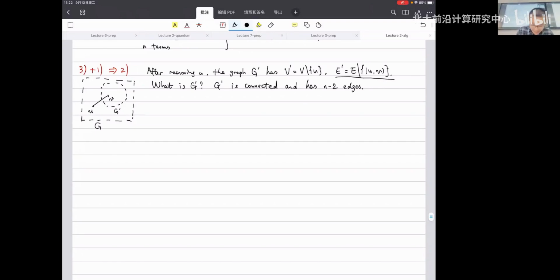So this you can clearly see just by induction on n-1, then basically G prime does not have cycles. And as G prime does not have any cycles, and there's a single edge from U to G prime, this implies that G does not have cycles.